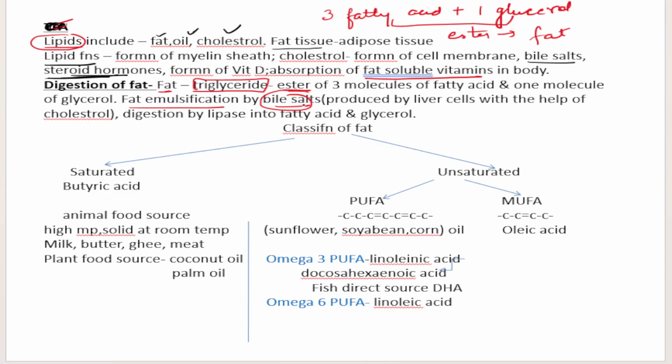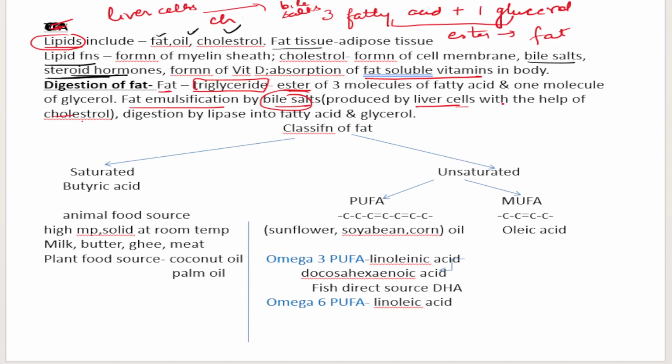And how are these bile salts produced? These bile salts are produced by the cells in the liver with the help of cholesterol. So the liver cells are producing bile salts using cholesterol.